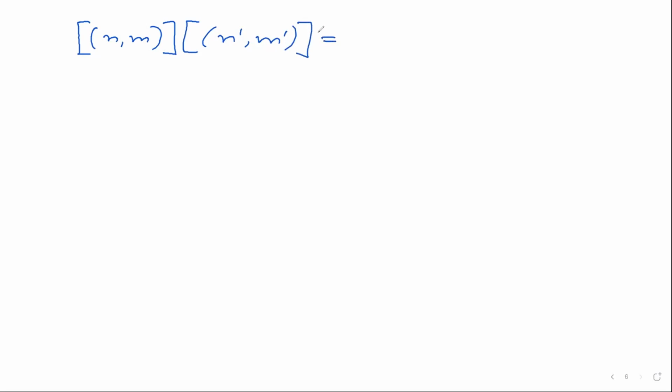And that is defined as n prime plus m prime, n prime plus m prime. Oh, let's see. 2 times 3 equals 6.